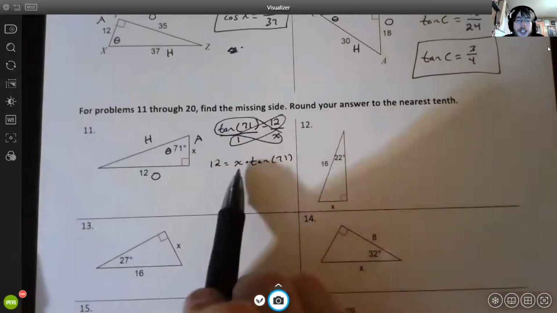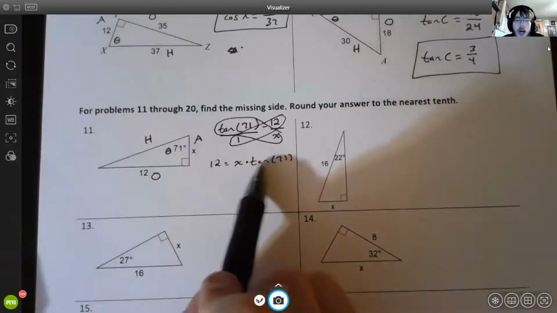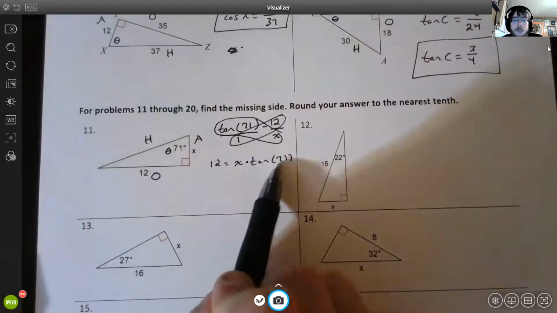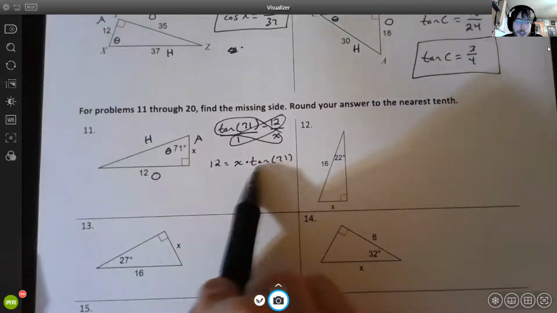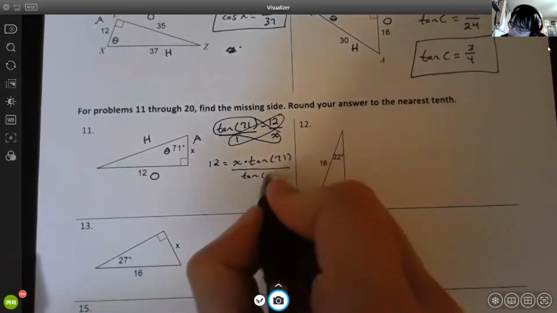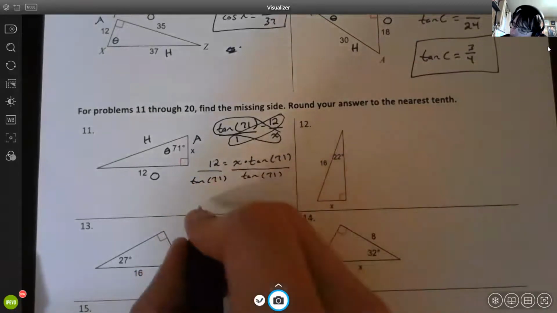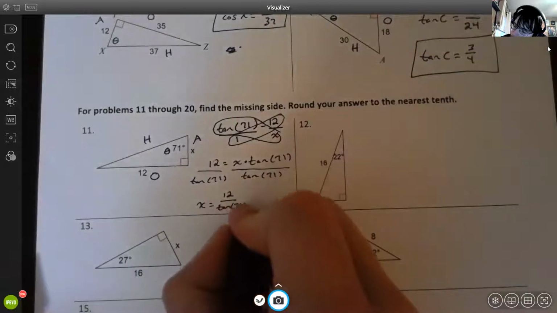Now, the key thing here is when you have tangent of 71, all you need to do is divide both sides by tangent of 71, because tangent of 71 is just a number. Don't just divide by 71, you have to divide by the whole thing. So if you do that, you're going to end up with x being equal to 12 over the tangent of 71.